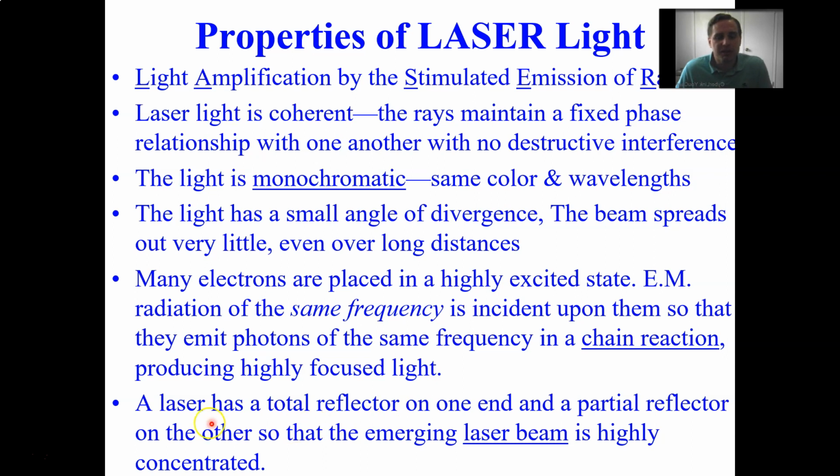A laser typically has a total reflector on one end and just a partial reflector on the other. In fact, it's going to be like 90 or 95% reflecting on one side. But if the energy is enough to move through this partial reflector, then the laser light actually emerges. And what emerges is what we call the laser beam, which is highly concentrated.